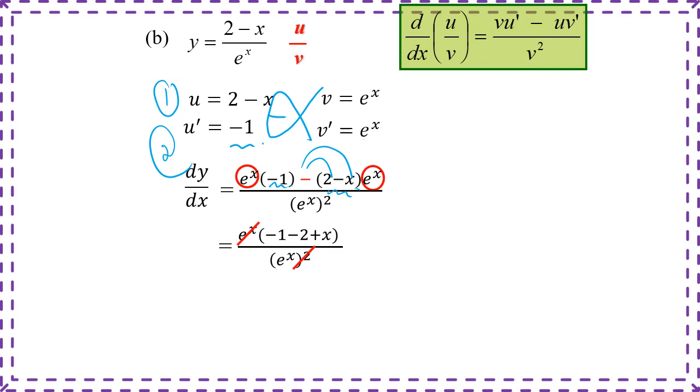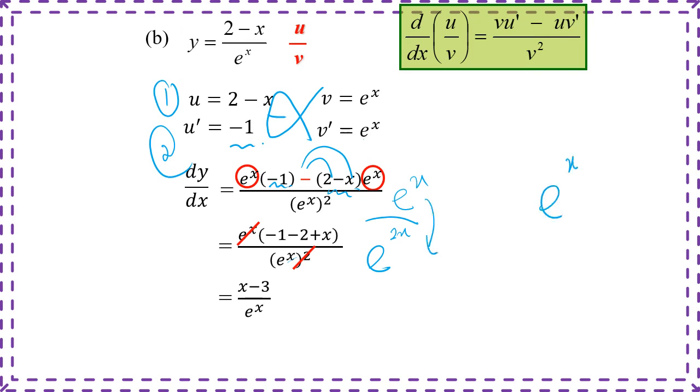And then for e to the power of x at the bottom, we have the power of 2. So it's actually e to the power of 2x, since it is a power of a power. And at the top we have e to the power of x.